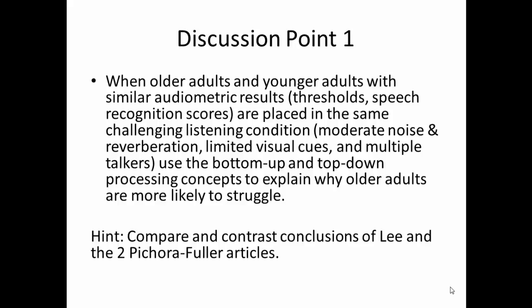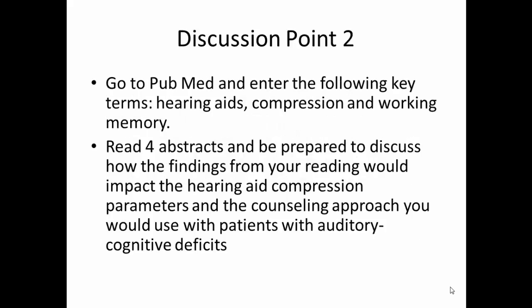At the bottom there, I have a couple hints on how you might want to get that information out. Another 1B here would be that the traditional approach explains only part of the difficulty, whereas the interconnectedness, top-down, bottom-up approach does a better job of explaining why those patients struggle. I want you to think that through as we discuss this on our chat next week, and also as you're reading those things.